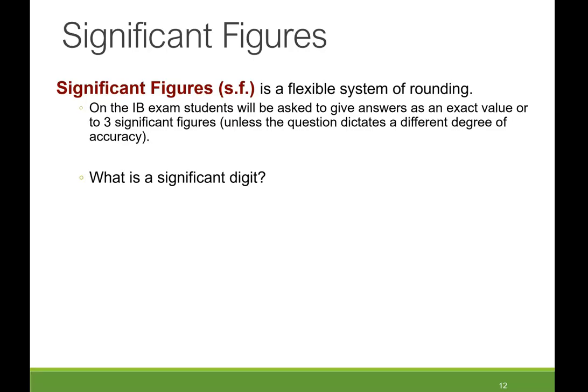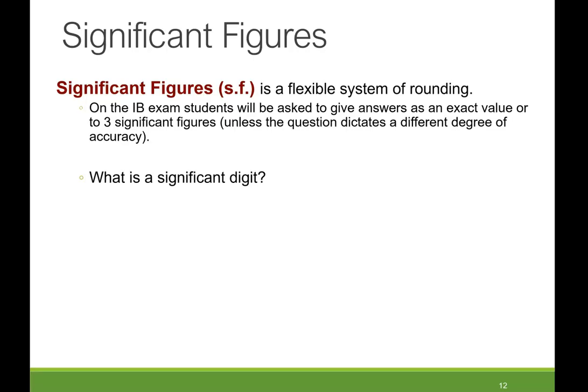When I multiply or divide, I round to the same number of sig figs as the original number, because I should have the same level of accuracy as when I started. If I had 1 sig fig and I divide it by 5, my answer should have 1 sig fig. Does that make sense? Okay. So that's kind of the why of why you need significant figures, what they do, what they communicate.